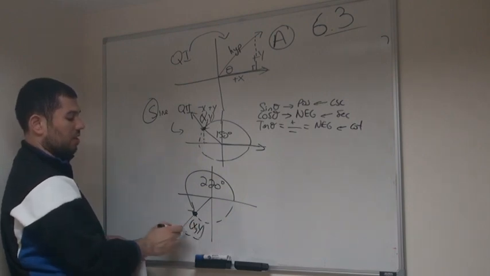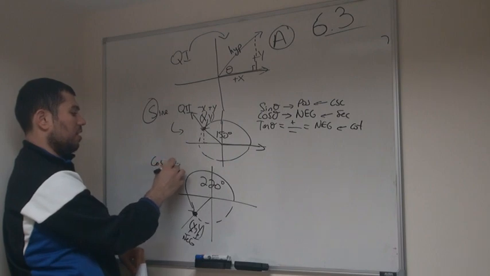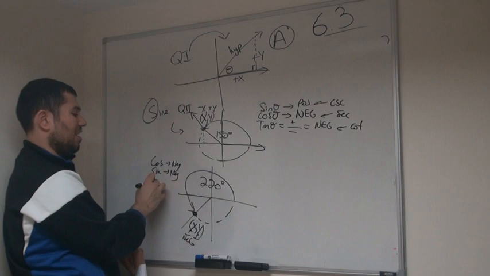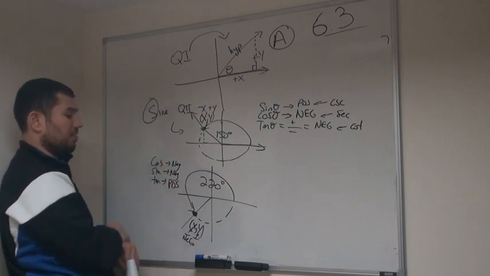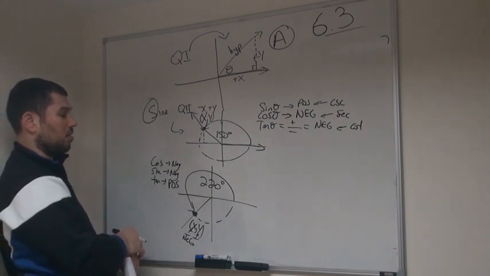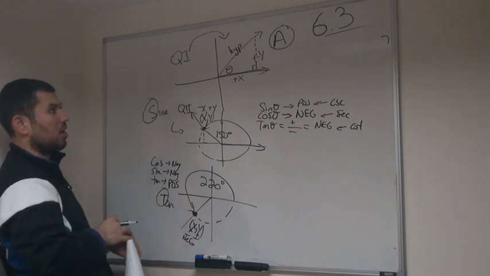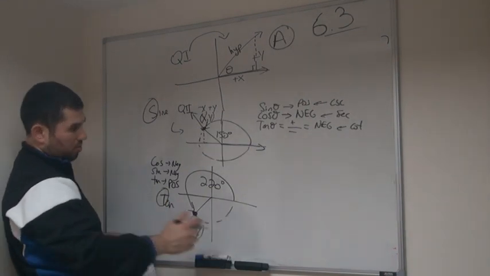So x is negative, y is negative. That means cosine is negative. Sine is negative. Tan, since it's negative over negative, is going to be positive. And the reciprocal functions follow suit. So here, tangent and its reciprocal function, cotangent, are positive.